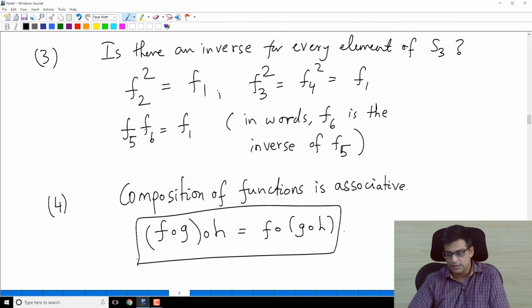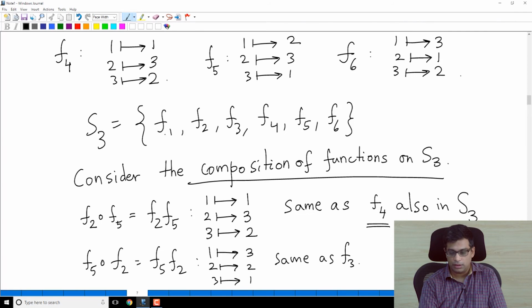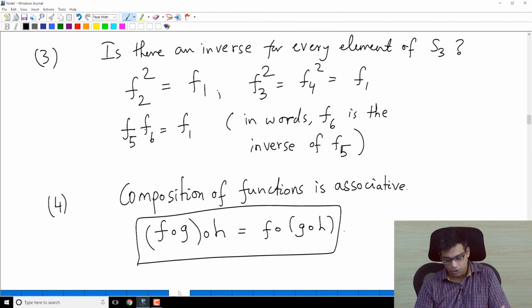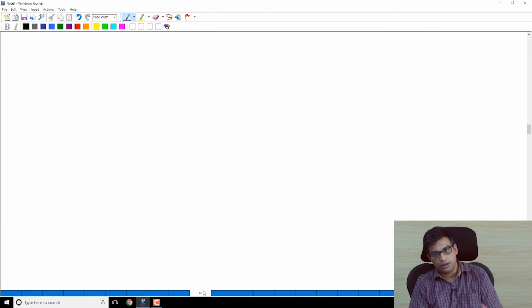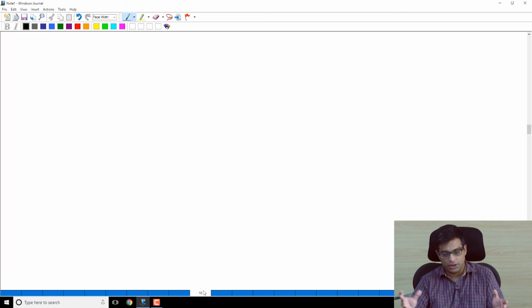So that comes easily here. So again, the upshot here is that S3, the set of bijections from {1, 2, 3} to {1, 2, 3}, namely F1, F2, F3, F4, F5, F6, is closed under composition. Under composition there is an identity element, every element has an inverse, and composition is associative. I want to point out that the operation here is composition, it is not addition like in the case of integers.